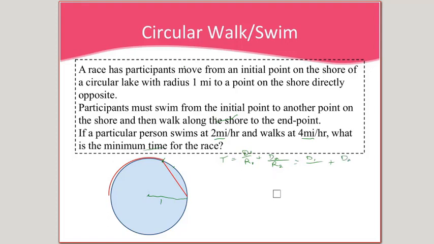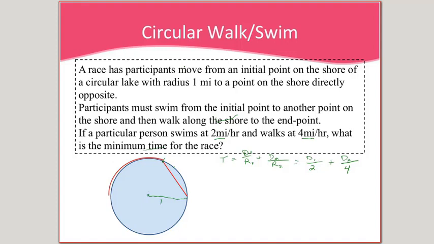So I know my rate of swimming is 2 miles per hour, and my rate of walking is 4 miles per hour. So this is my objective function. Now my constraint function, it would be nice if I could get these distances to be related somehow.